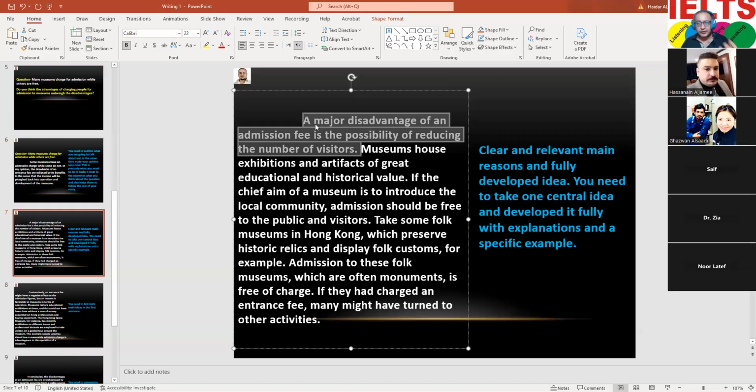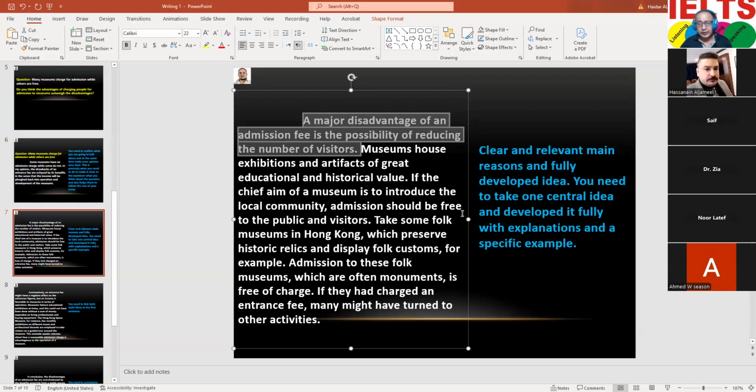Now I need to explain it in the two coming sentences. Two, not one, two coming sentences. In explanation, we take how and or why. This is the explanation.